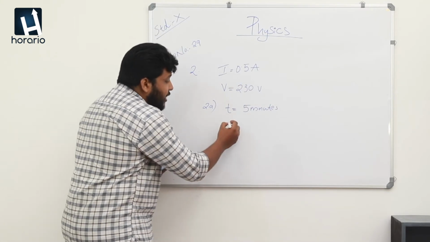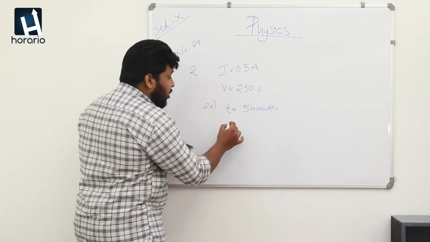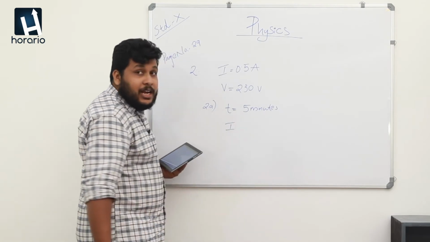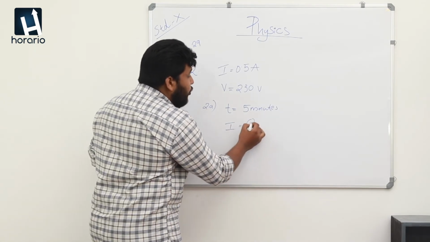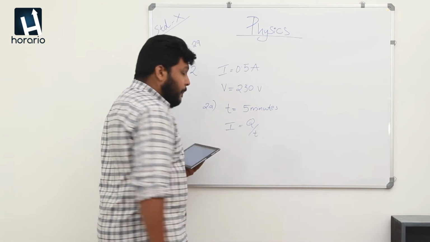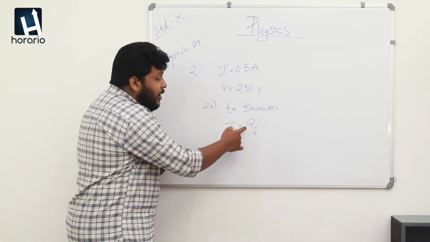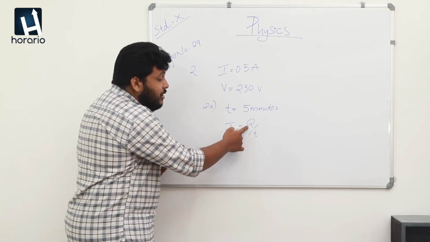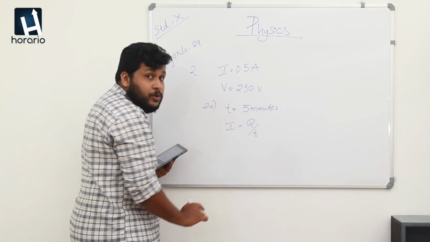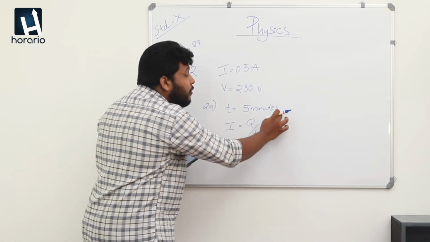So, in the earlier sessions, we derived an equation I is equal to Q by T. And here we want to find what is the amount of charge flown through the circuit if it is operated for 5 minutes.